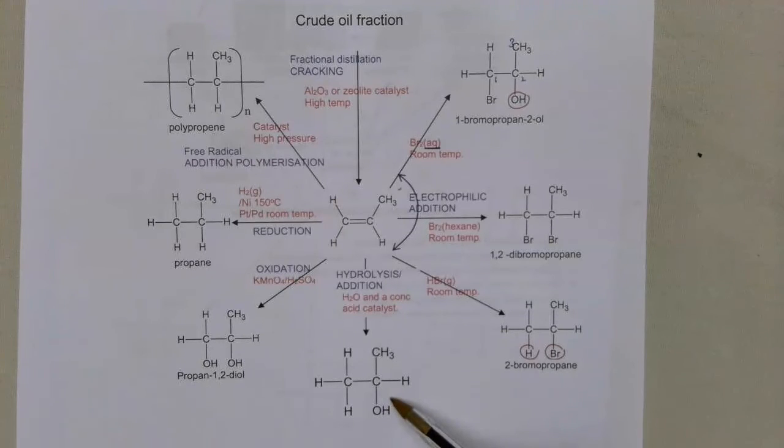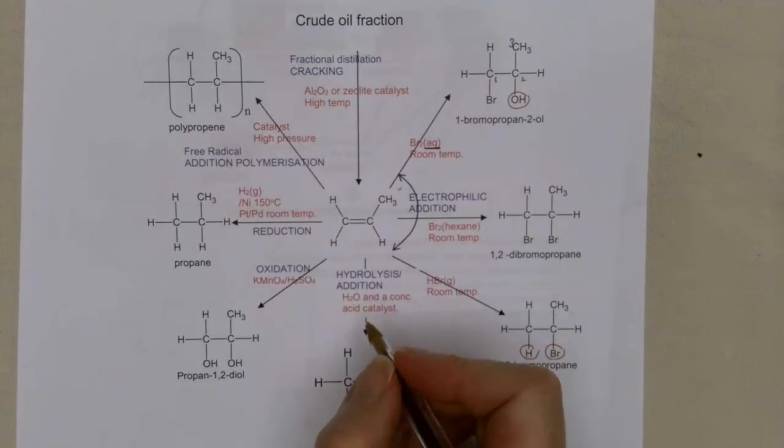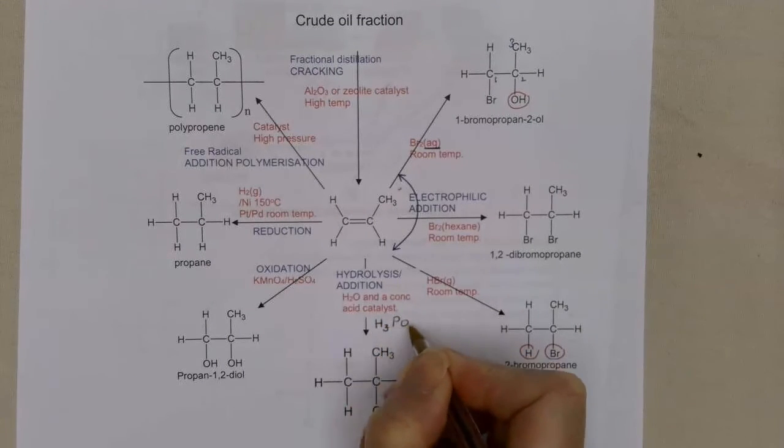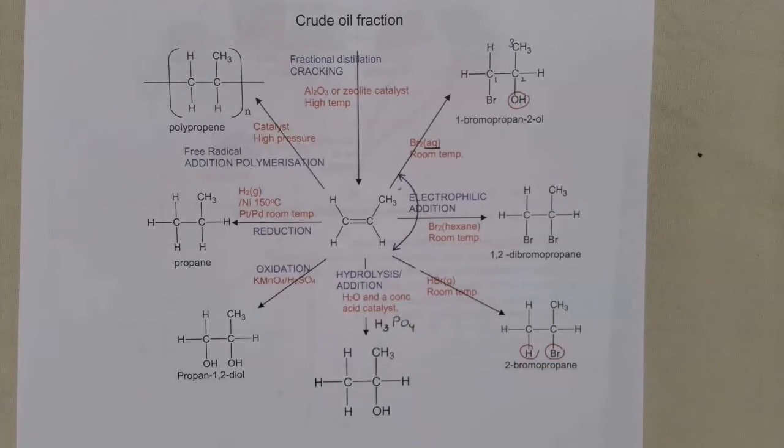The reaction to produce the single alcohol functional group is either known as hydrolysis or addition, and that's using steam, so the water needs to be, remember, in the gas phase, and we more normally use a concentrated acid catalyst, H3PO4, concentrated phosphoric acid.